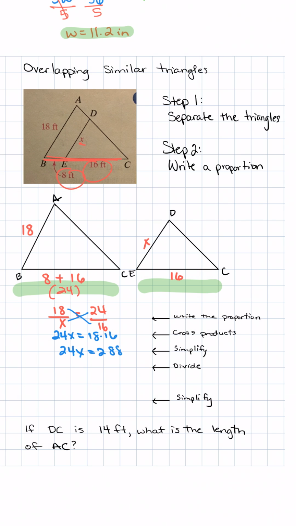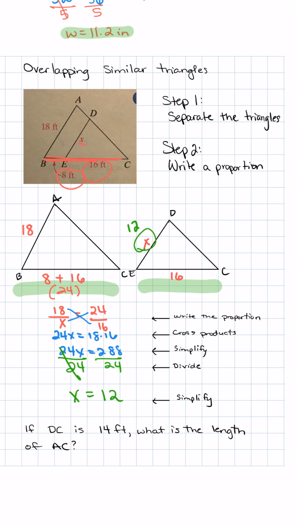We want to divide by 24 on each side. Those are going to cross out. 288 divided by 24, we're going to simplify. x equals 12. Okay, so that means the value of x right here equals 12.